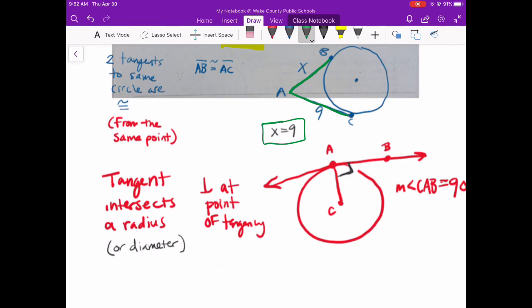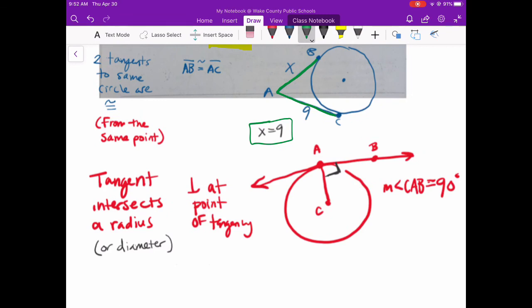So you can see this relationship here with this line AB, and it intersects segment AC at the point of A. That's your point of tangency. If a radius and a tangent intersect, they form a right angle. So the measure of that angle CAB had to be 90 because line AB is a tangent and segment AC is a radius. A radius and a tangent intersect at a right angle. So there you go. Those are your relationships there.